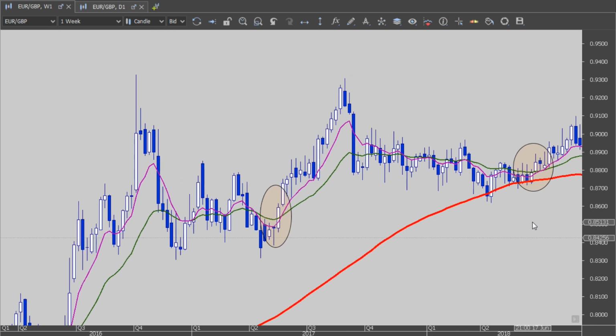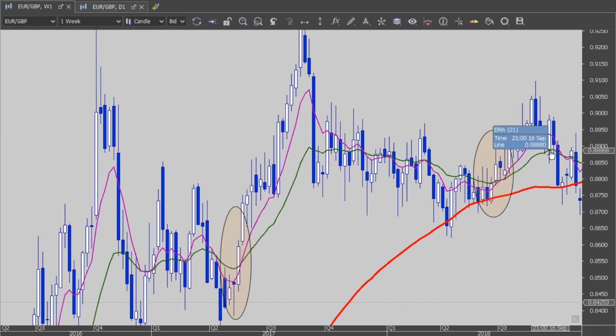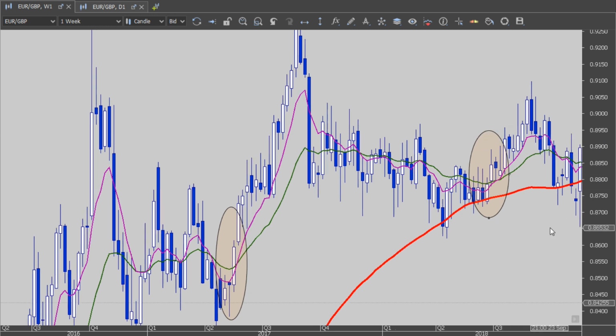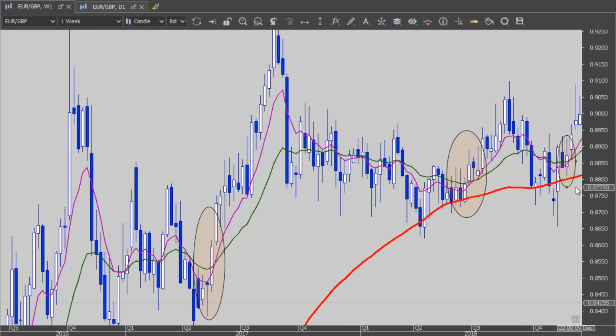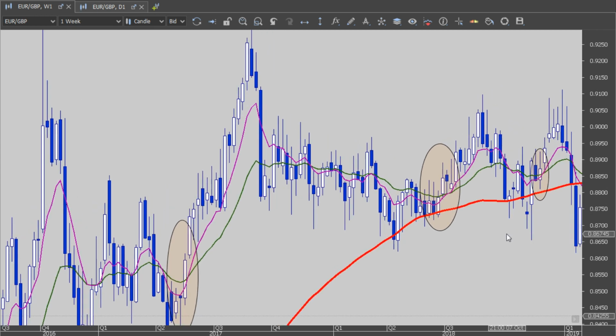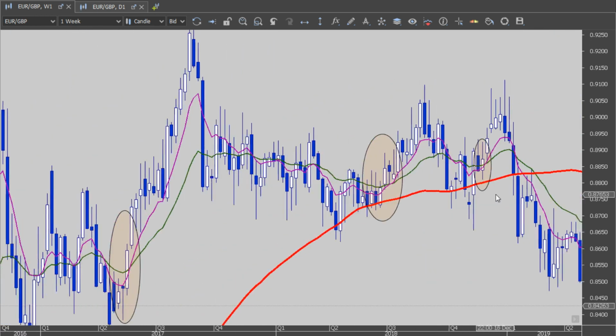So let's see how this is going to play out. Okay, maybe some profit, maybe not, right? We need to manage the trade, and we have again another signal. We are above the 100 simple moving average, right? And again, of course, this is the sideways movement right now, right?